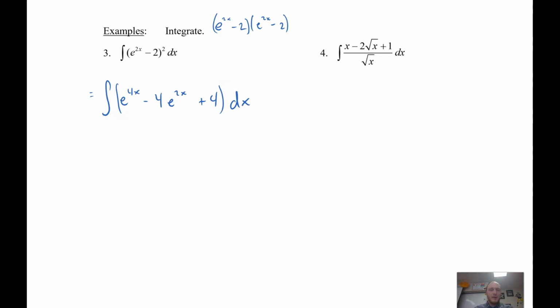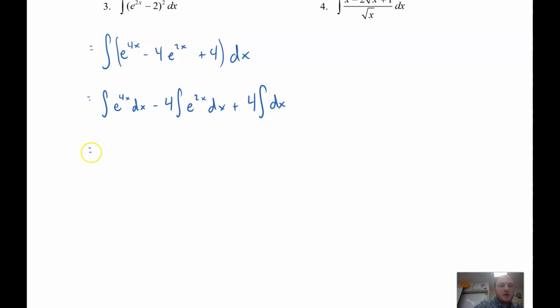Now that I have a polynomial, I can split this up. I can integrate piece by piece. So I have the integral of e to the power of 4x dx minus 4 e to the power of 2x dx plus 4 times the integral of dx.